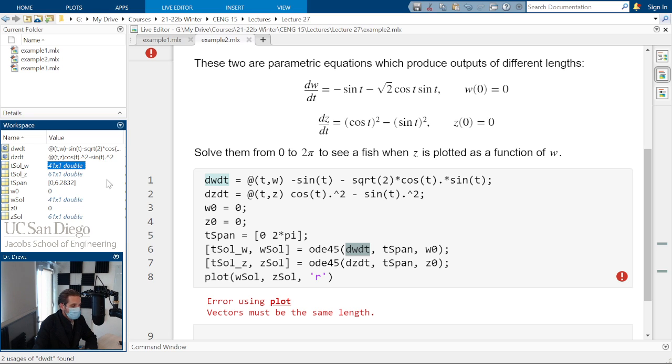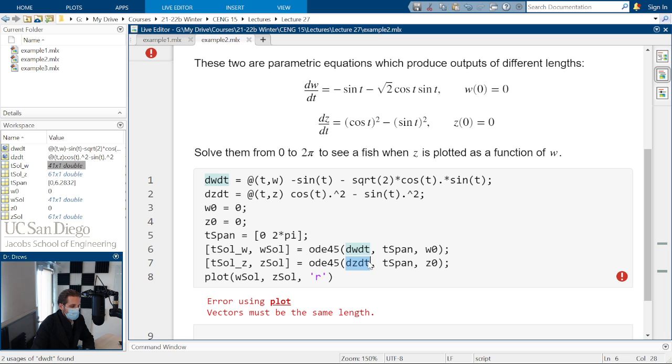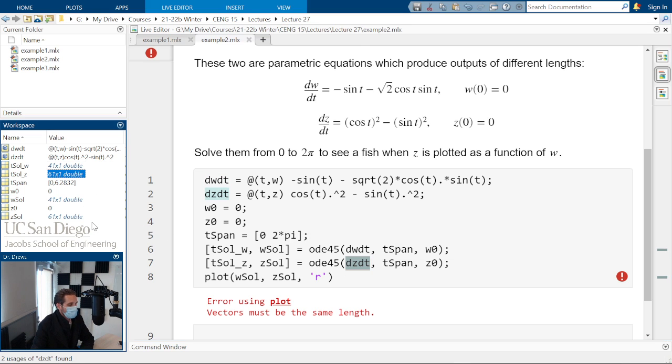Similarly, T sol for W is also 41 by 1, right? Those have the same amount of elements in them. But when it went in and tried to solve Z, it needed to do a few more evaluations. And so we ended up with a 61 element instead of a 41 element. And so we can't plot those against each other because one has 41 elements and one has 61. There's nothing wrong with that. That's the default behavior of ODE45.